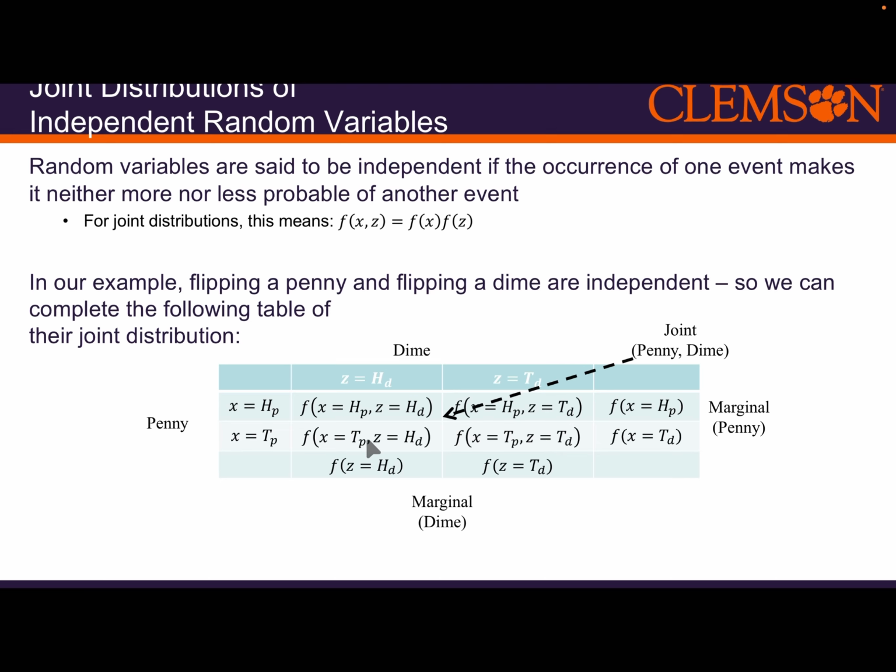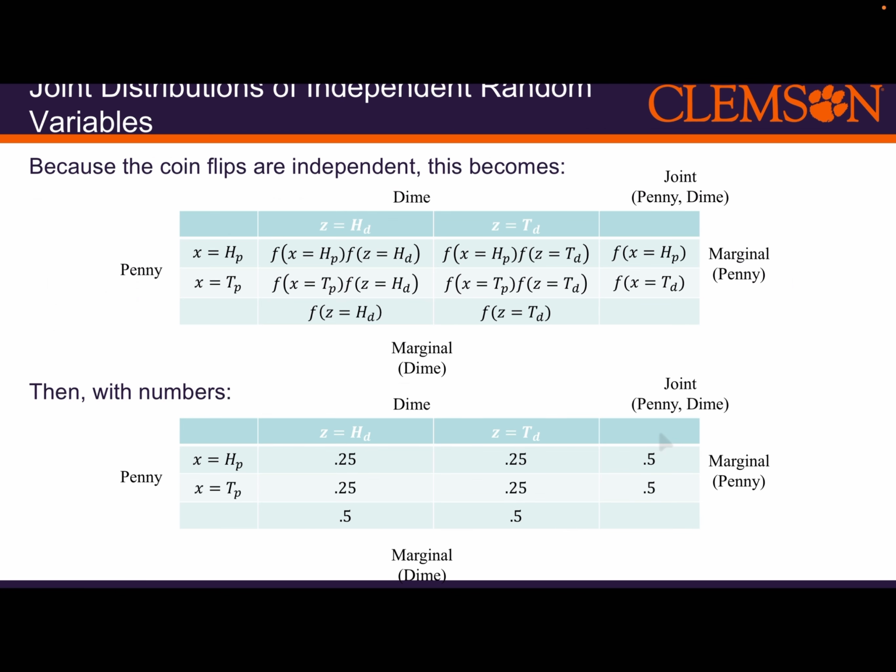That same process works out for the other cells. So should we do this experiment and flip it hundreds of thousands of times, what we should see is about 0.25 in each one of these cells and 0.5 on the margins. And this is what it should look like right there.